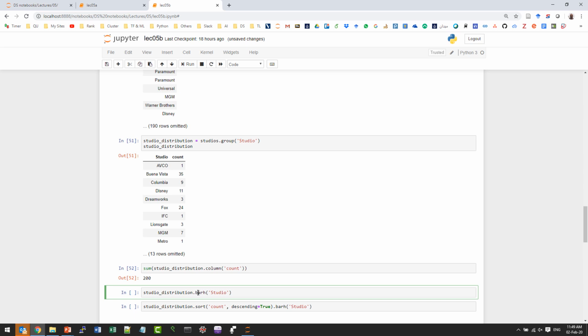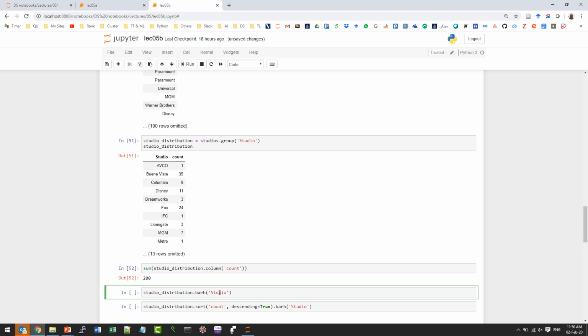If we look at it now, this will give us the distribution. The barh method, if you notice in the previous demo, took 2 arguments, 2 variables, because we want the categorical variable and the numerical variable. Remember, for a bar chart one must be categorical and the other must be numerical, so we need both.